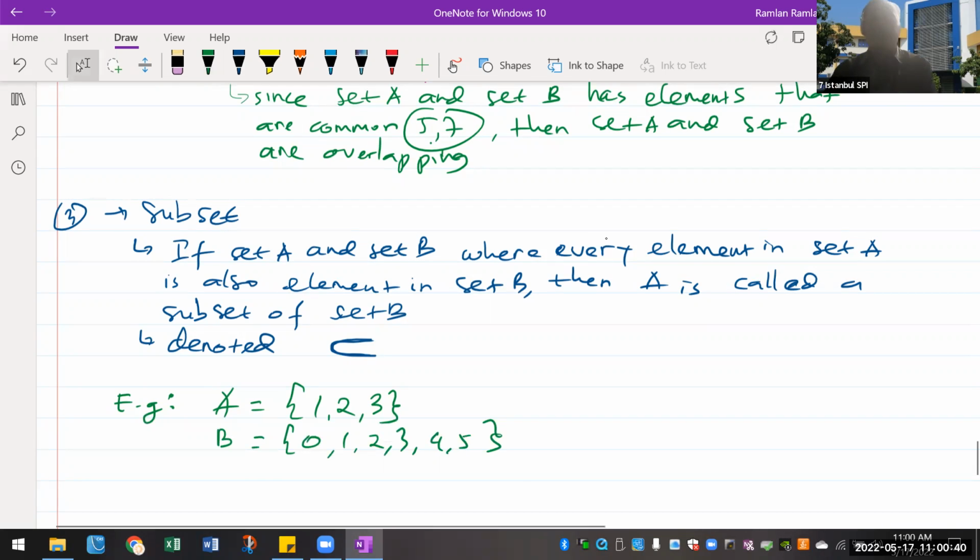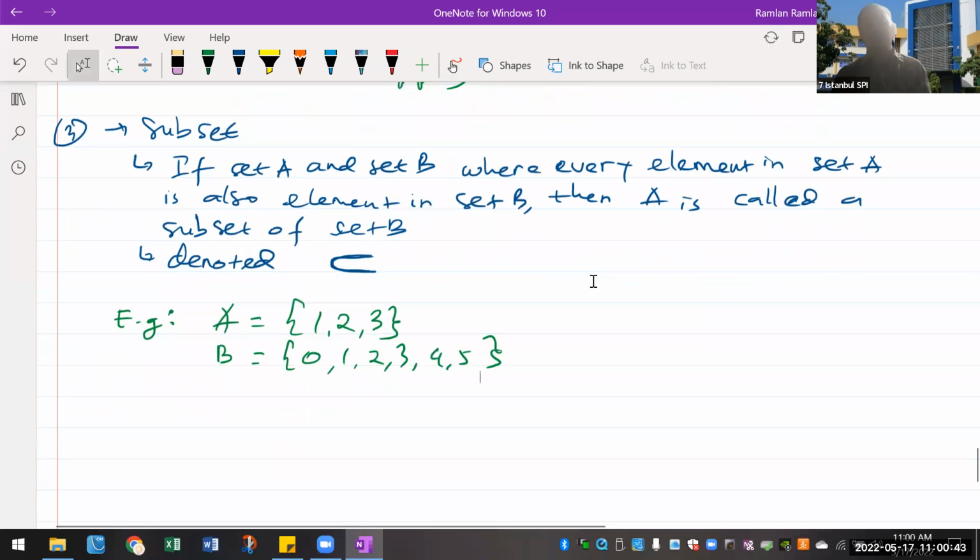You can see that in this problem, we have these two sets, A and B, and all of the elements from set A are in set B. Jangan ada yang ketinggalan satupun. Misalnya cuma 1, 2 di sini, 3-nya nggak ada di B, berarti bukan subset. Harus seluruhnya, all of them.